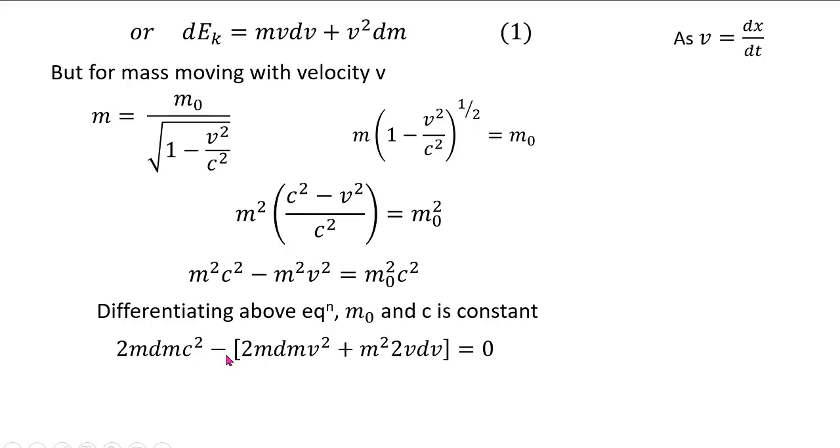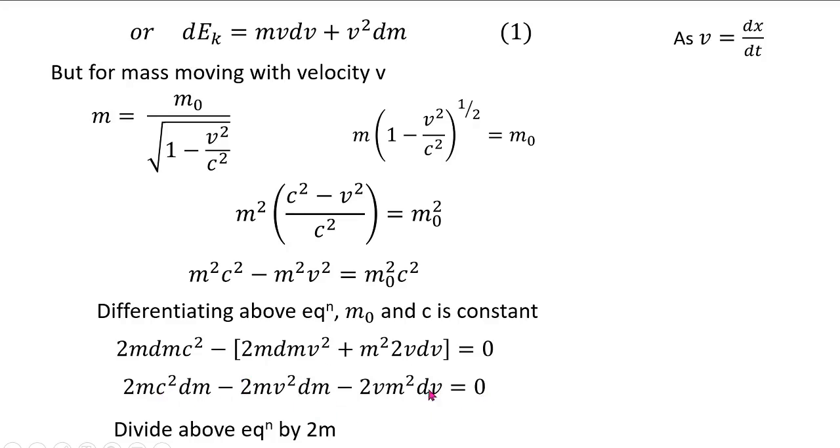So the derivative of the first term is 2m dm into c square, minus the second term, using the product rule: the derivative of m square is 2m dm into v square, plus m square into 2v dv. Here m0 is constant and c is constant, therefore the derivative of the right hand term is 0. If we simplify this, then 2m c square dm minus 2m v square dm minus 2v m square dv is equal to 0.